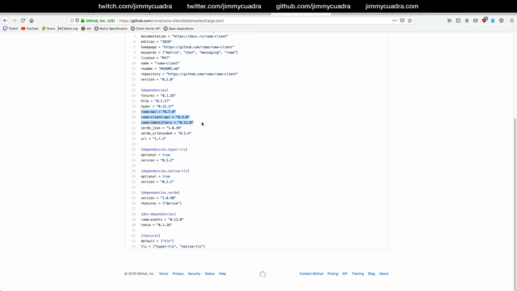We're trying to separate the different aspects of functionality in the Matrix protocol that can be packaged as a standalone library, so that people who are building software that integrates Matrix can pick and choose only the parts of the stack that they need and not necessarily import this giant library if all they need to be able to do is represent a user identifier or something like that. They don't need all of this stuff.